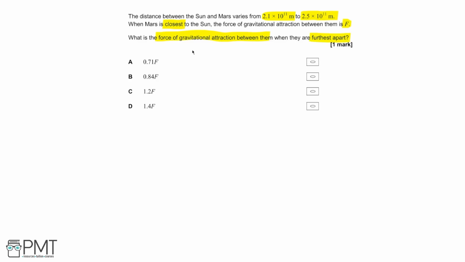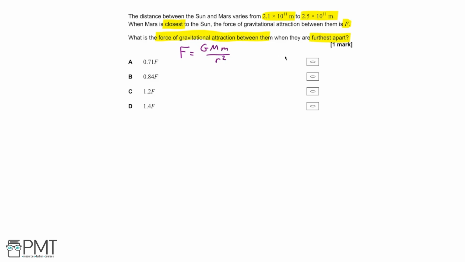In order to answer this question, since we have been asked to consider the force of gravitational attraction between the two bodies, it is important to consider the equation for that force. Specifically, the force is equal to G times M times m divided by R squared.